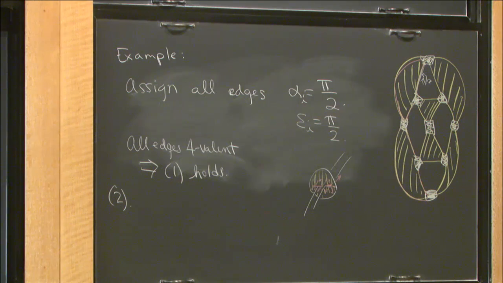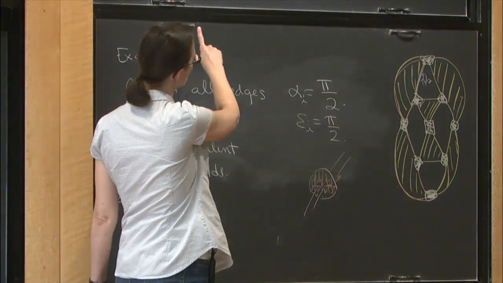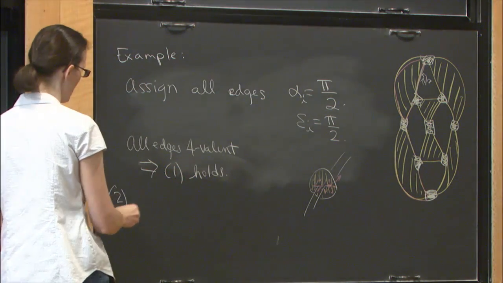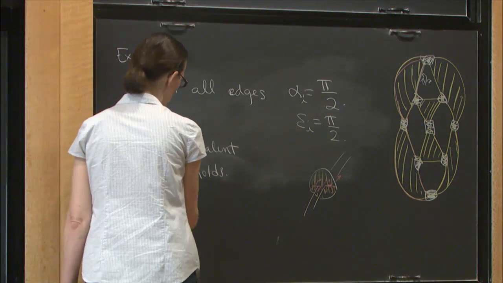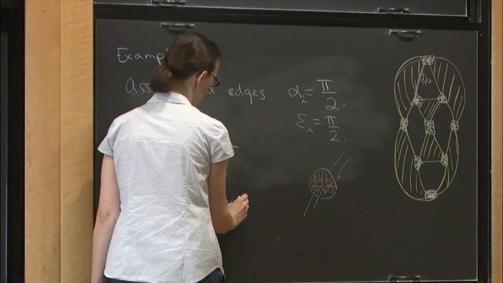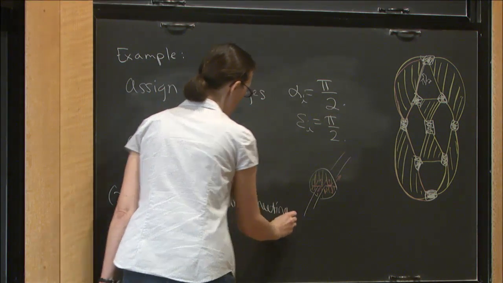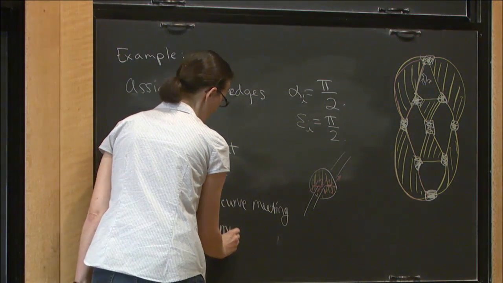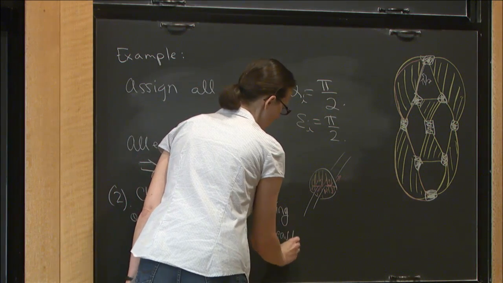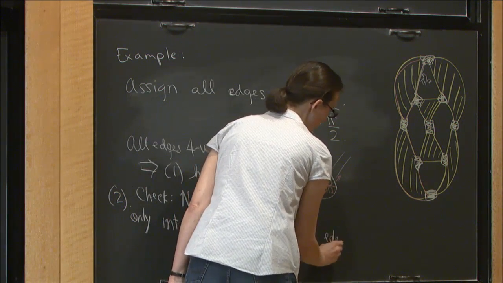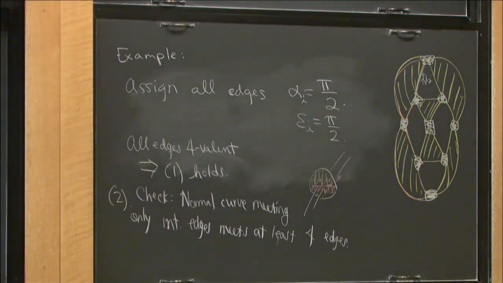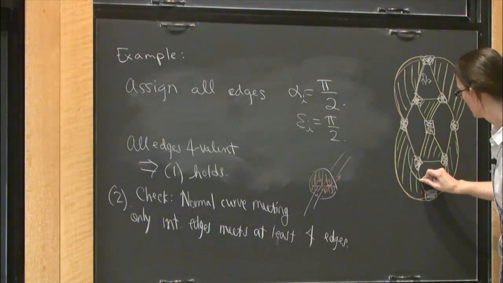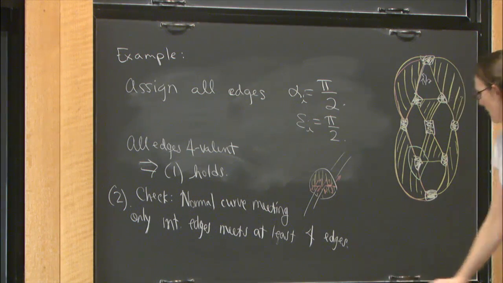You can check that any normal curve that meets only interior edges meets at least 4 of them. If it meets only 4 edges, then it's running around a vertex, like so. Otherwise, it will have to meet more.